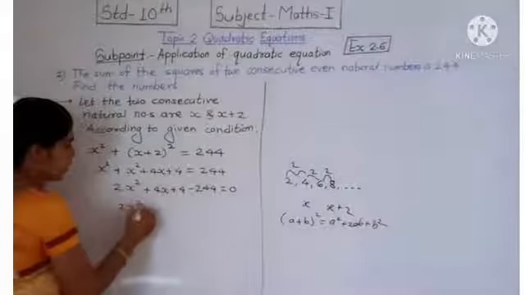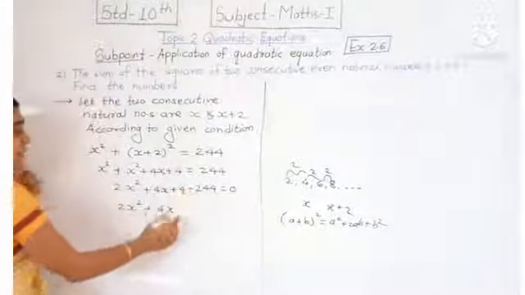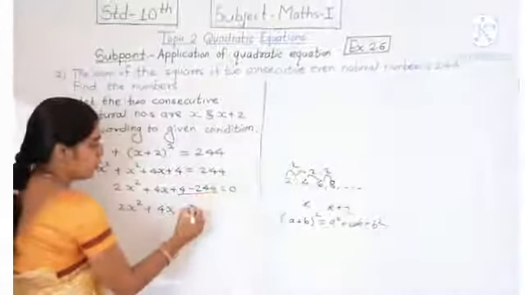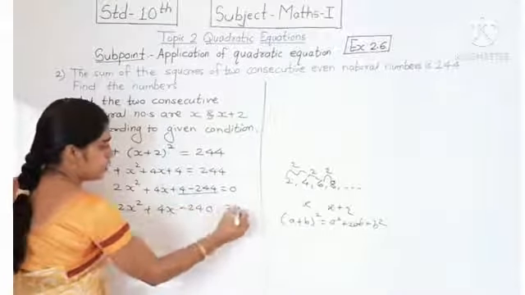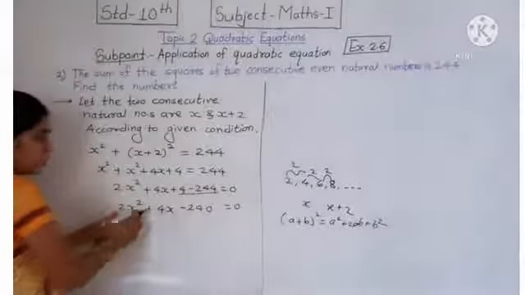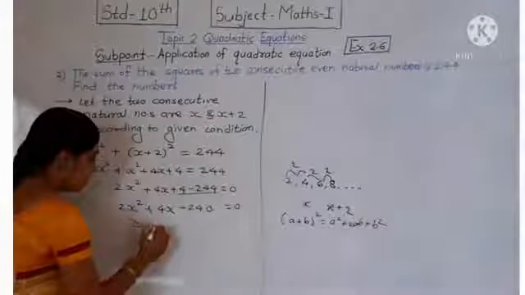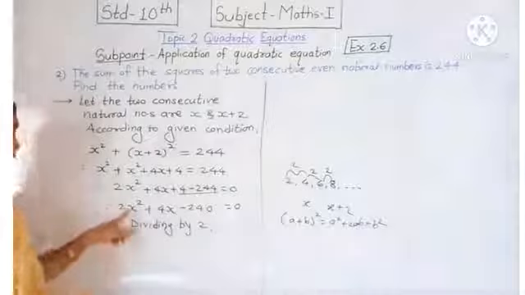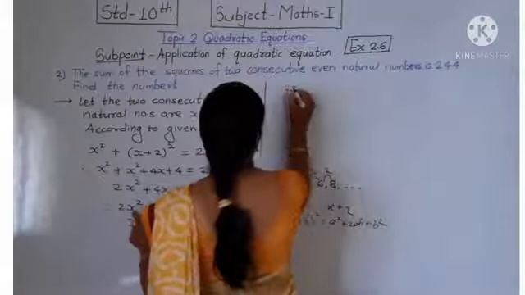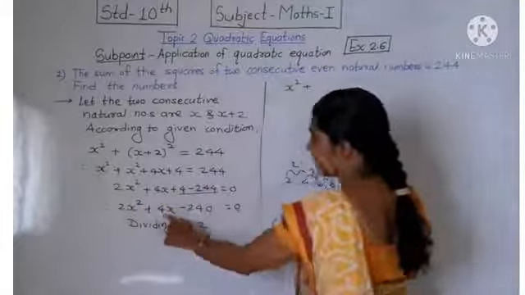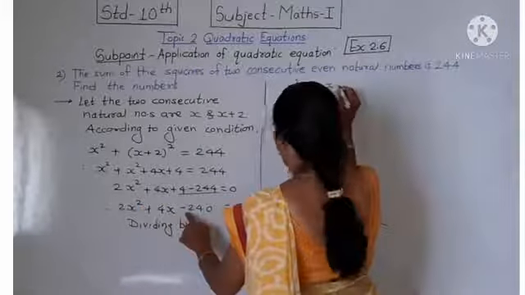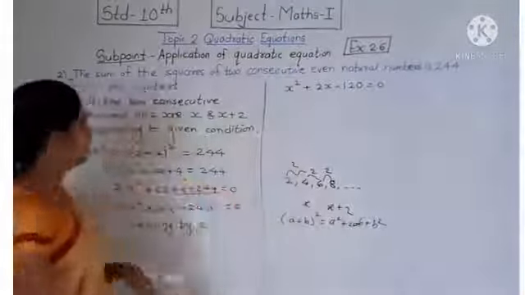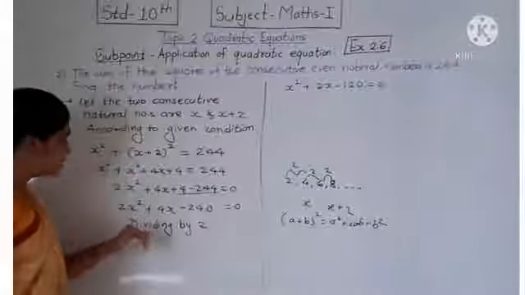That is 2x square plus 4x, and collecting the like terms, 4 minus 244 is minus 240, is equal to 0. Here 2 is common, so dividing both sides by 2, we get x square plus 2x minus 120 is equal to 0. First convert the problem into symbolic form, then simplify.